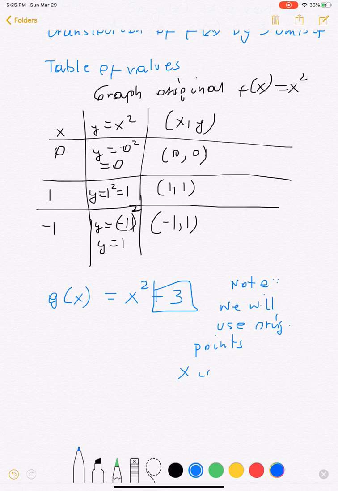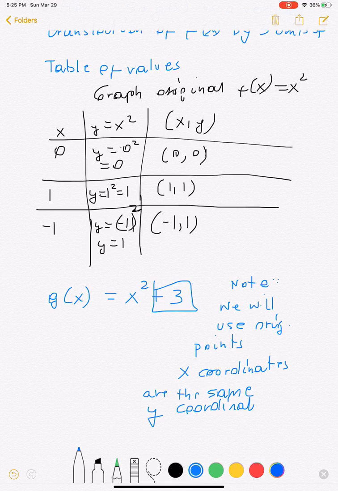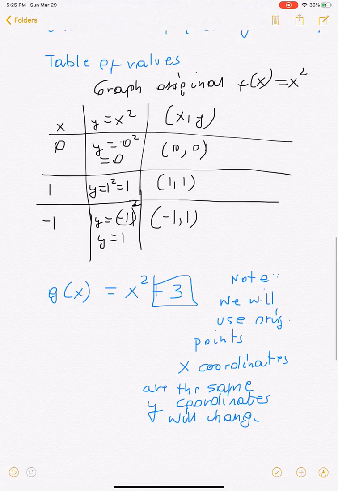The x coordinates are the same, the y coordinates will change by adding 3.